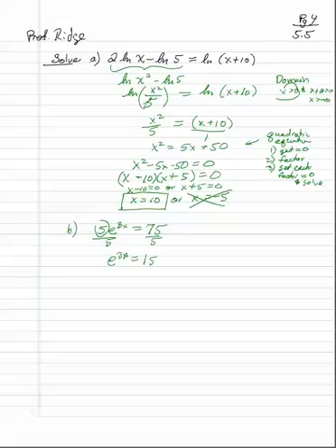And now you can do ln in front of both sides. Remember, ln of e to a power is just the power. So we get 3x equals ln 15. And then you're going to divide both sides by 3. So x equals ln 15 divided by 3, which is about 0.903.